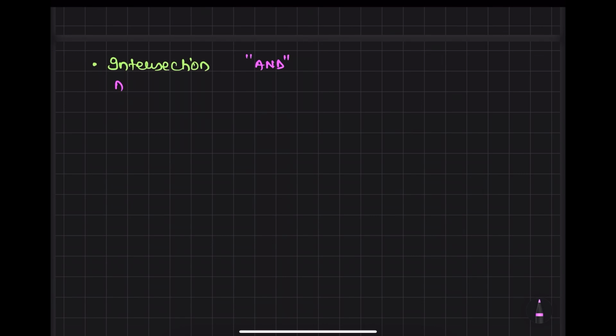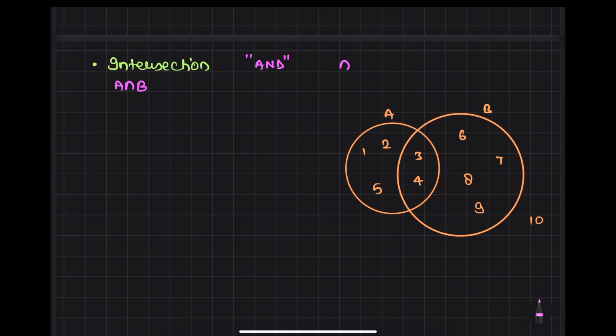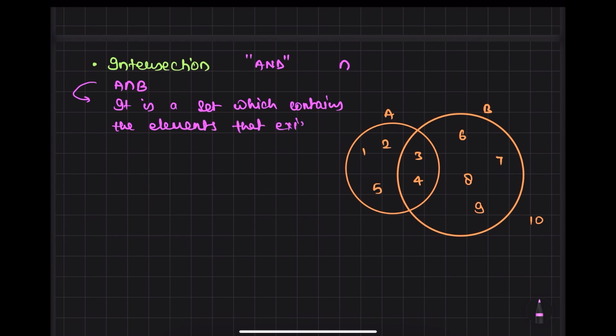And the symbolic representation of intersection is an inverted U. Now try to understand what is A intersection B. A intersection B means it is a set which contains the elements that exist in both set A and set B. Okay, so this is talking about "and".